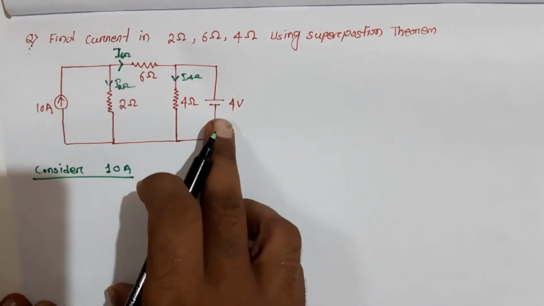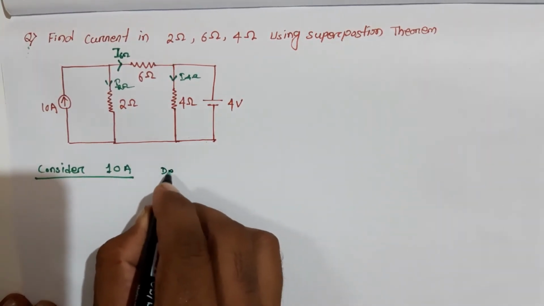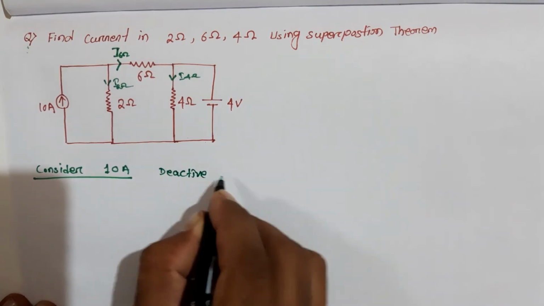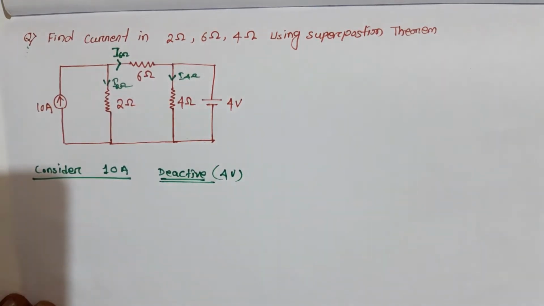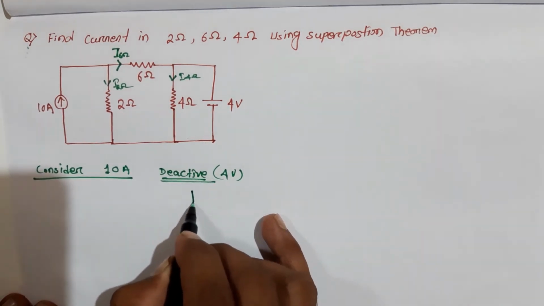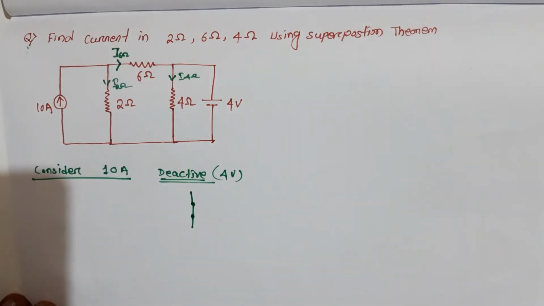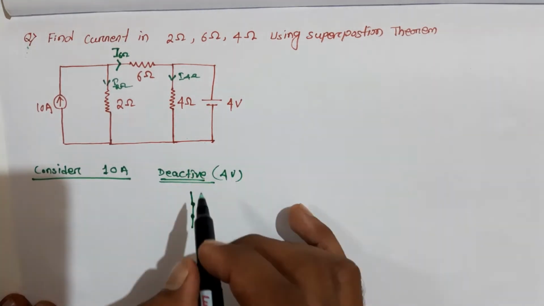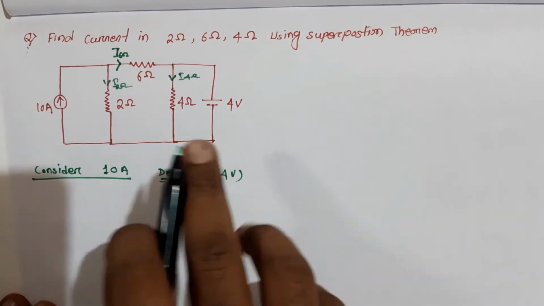Here only one other source is present, so we deactivate this 4 volt. One thing to understand: what do we mean by deactivate? In the case of a voltage source, deactivating means we need to short circuit it, because deactivating means replacing the source with its internal resistance.